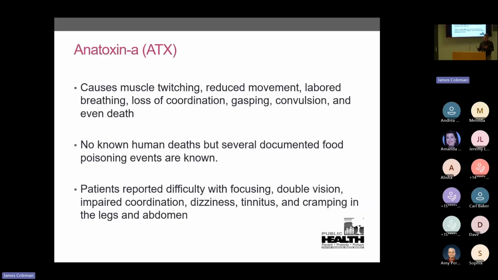I don't know of too many cases occurring in the United States, but I think there have been some cases. And those cases were studied, and those patients, when they consumed the seafood that had the anatoxin in it, reported difficulty focusing, double vision, impaired coordination, dizziness, tinnitus, and cramping in the legs and abdomen.